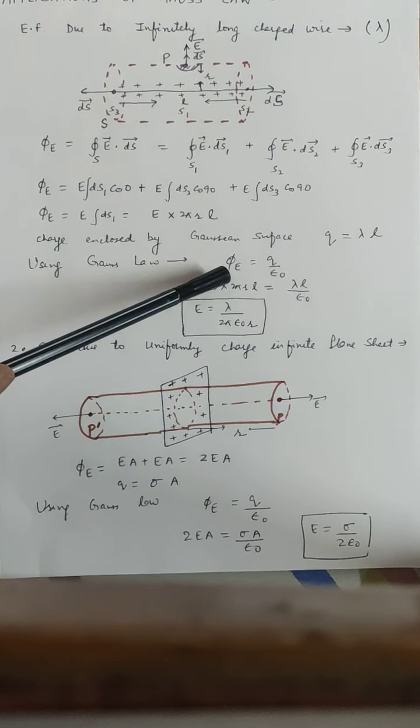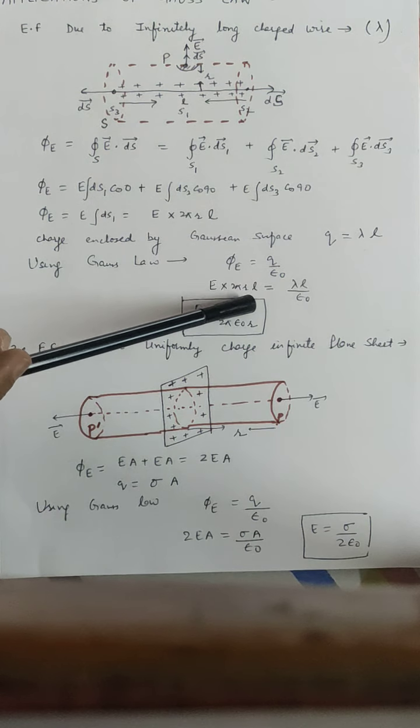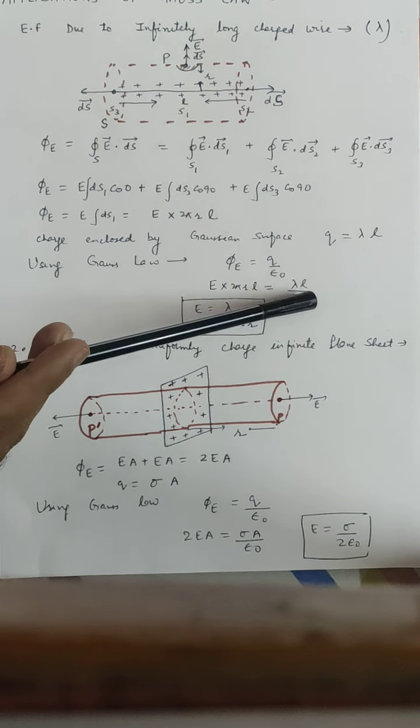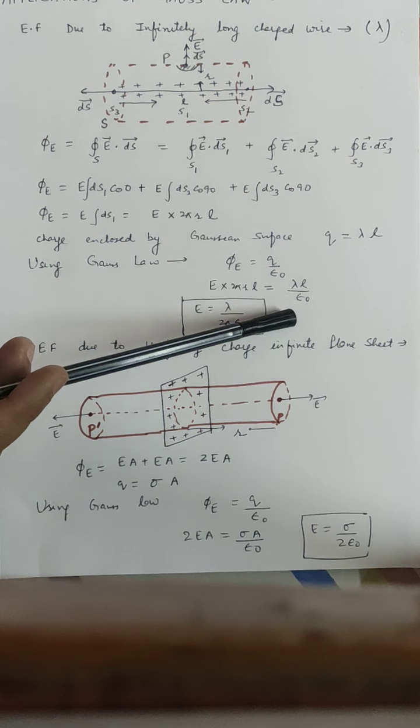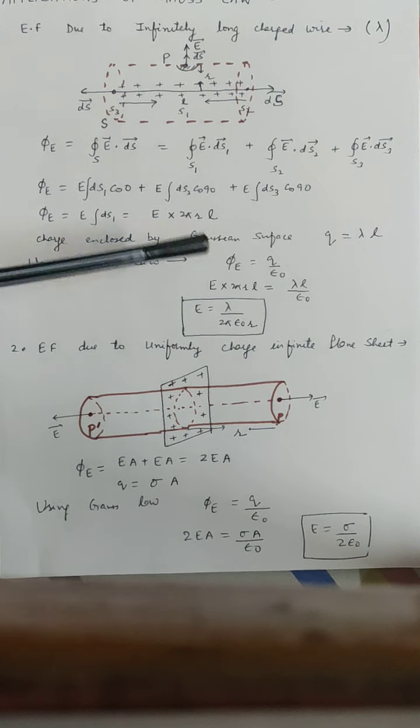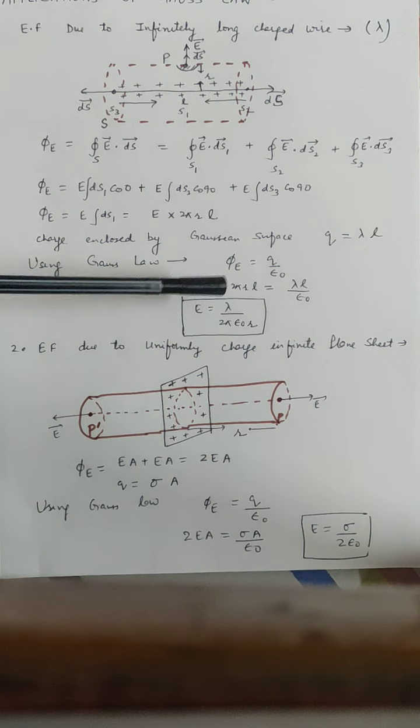So I substitute E into 2 pi r L in place of flux, which I have calculated over here, and Q is equal to lambda into L upon epsilon naught. So L cancels with L, and lambda upon epsilon naught is equal to E into 2 pi r, or E is equal to lambda upon 2 pi epsilon naught r. So this is the first application of Gauss law. Thank you very much.